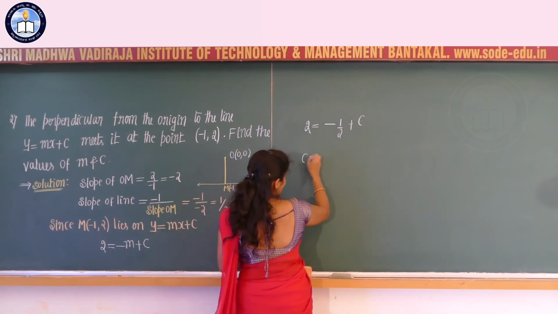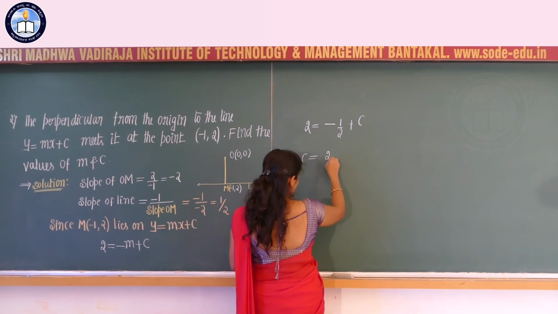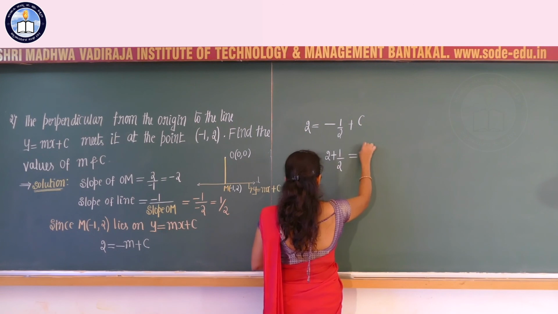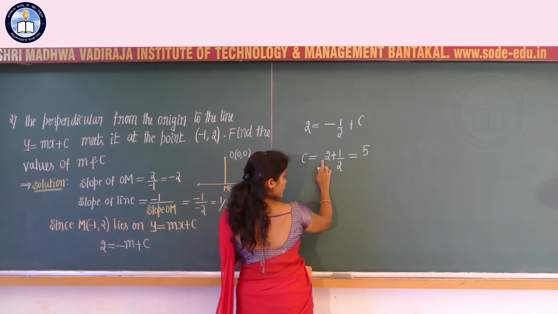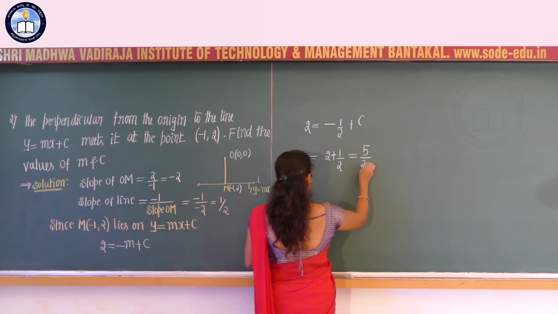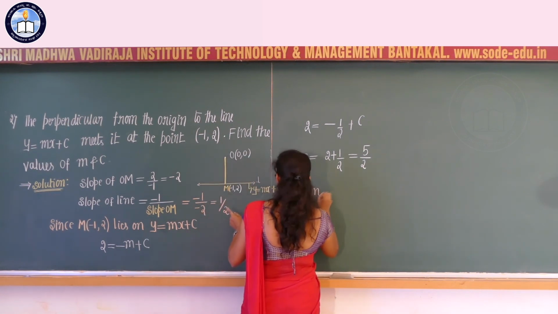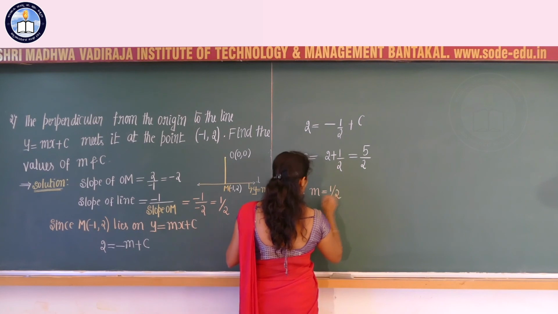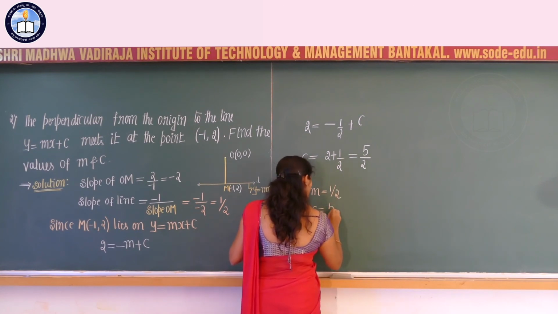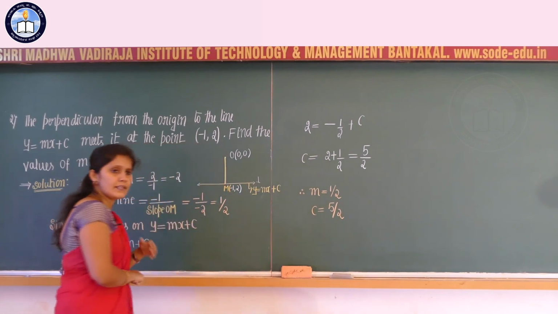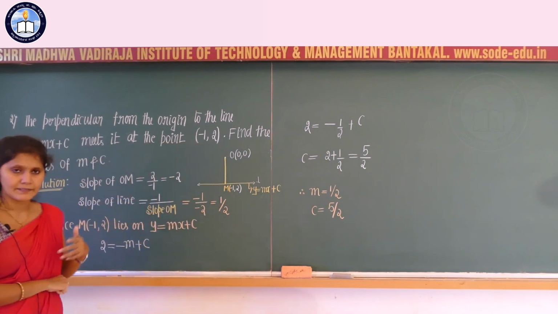So c is equal to 2 plus 1 by 2, that is 2 twos are 4, 4 plus 1 is 5, so 5 divided by 2. Therefore the value of m is equal to 1 by 2 and the value of c is equal to 5 by 2.